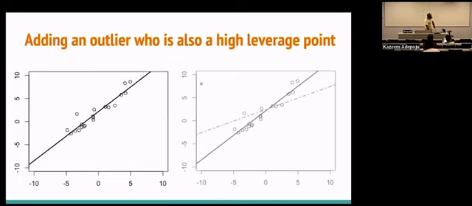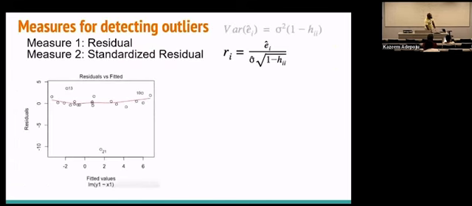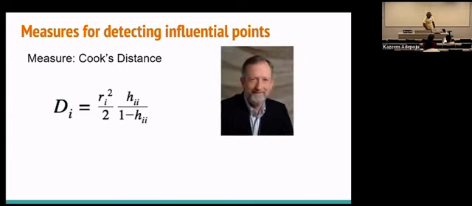He came out with a formula that we call Cook distance. You see that? That D is the Cook distance. We're actually going to compute that, and he actually created a threshold.